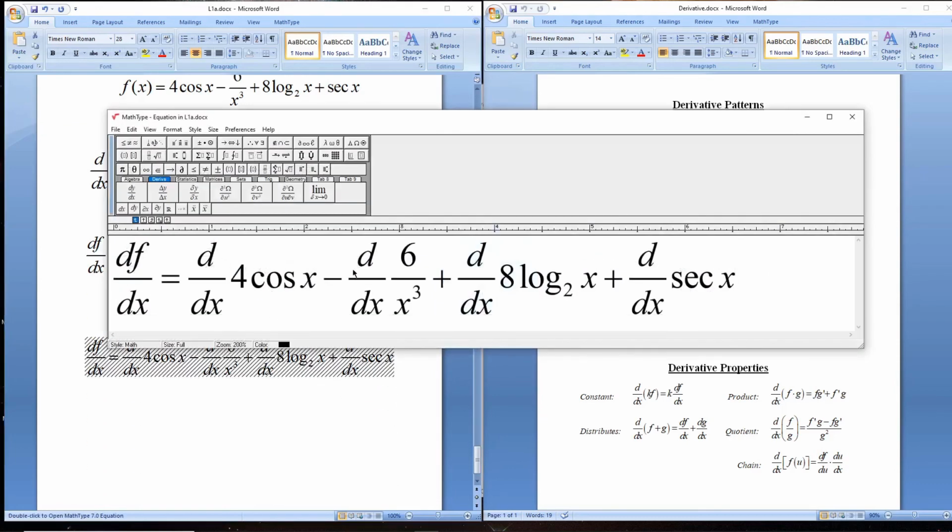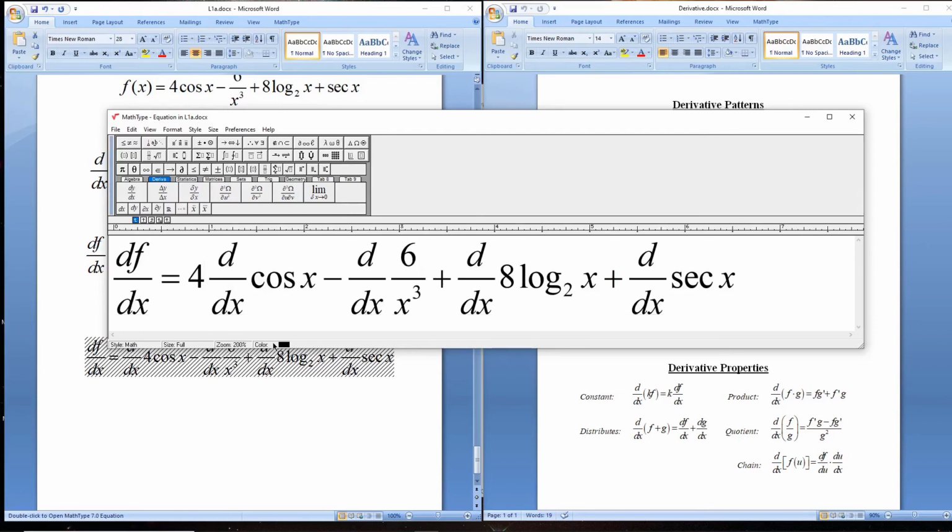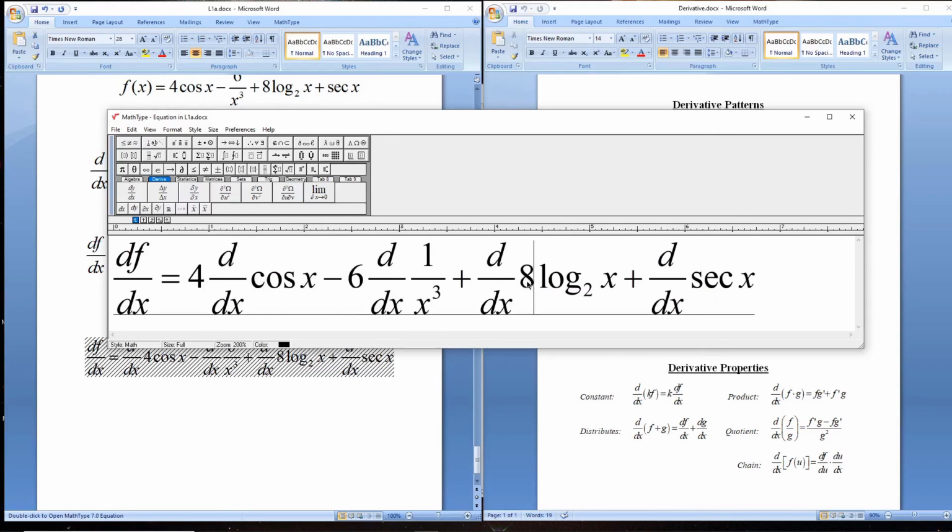And now the next step, if I was doing this thoroughly, is I'd pull out all these constants. So this 4 is a constant. We can pull it outside the derivative. This 6 is a constant. We can pull it outside the derivative. This 8 is a constant. We can pull it outside the derivative.